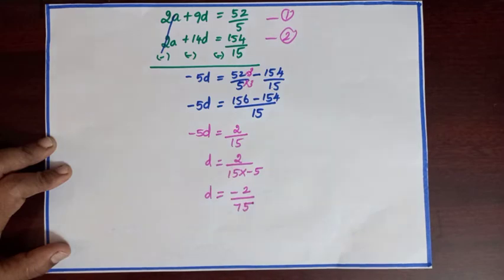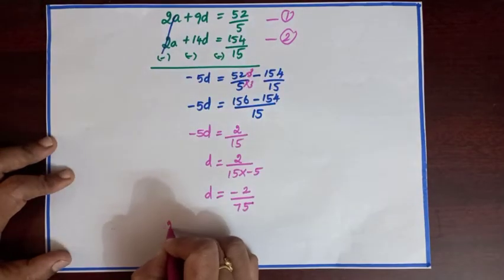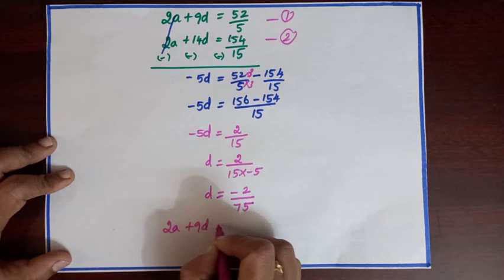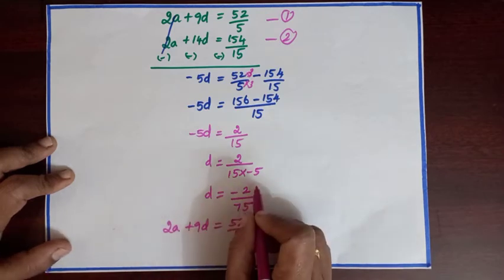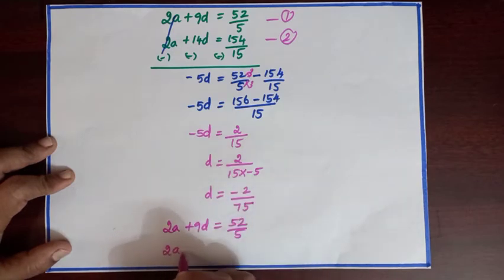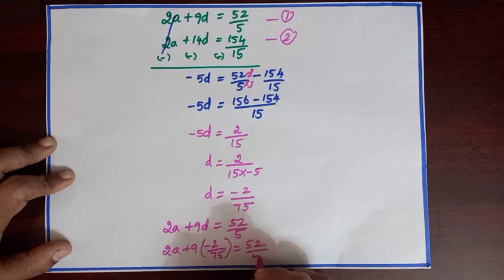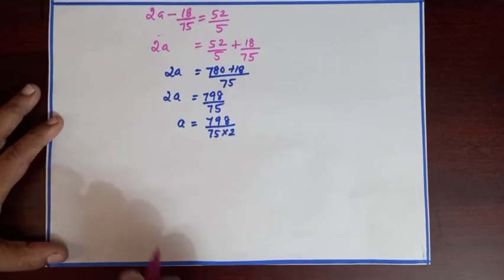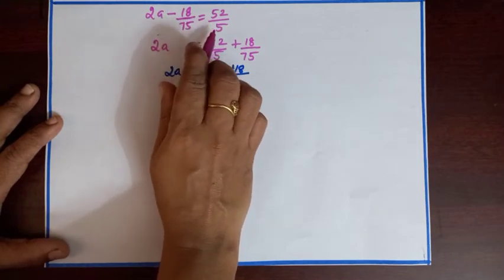Next, we need to find a. To find a, substitute the d value in the first equation. The first equation is 2a plus 9d is equal to 52 by 5. Now, in place of d, I am going to substitute minus 2 by 75. 2a plus 9 into minus 2 by 75 is equal to 52 by 5. 2a minus 18 by 75 is equal to 52 by 5.